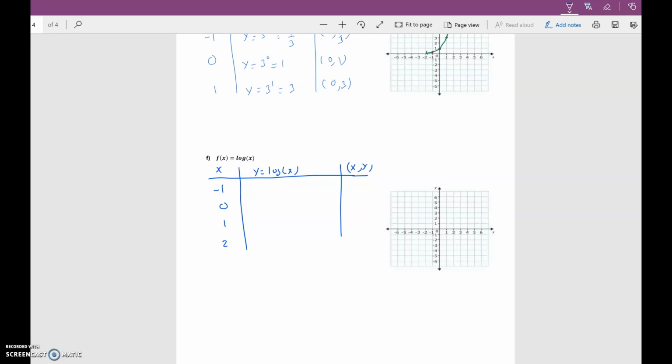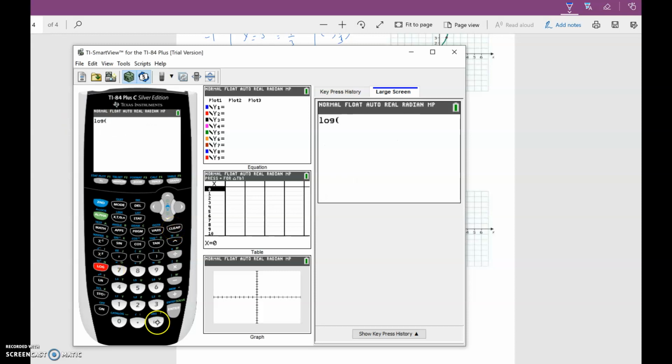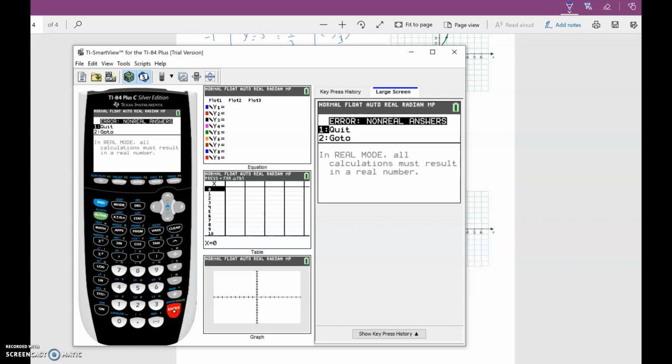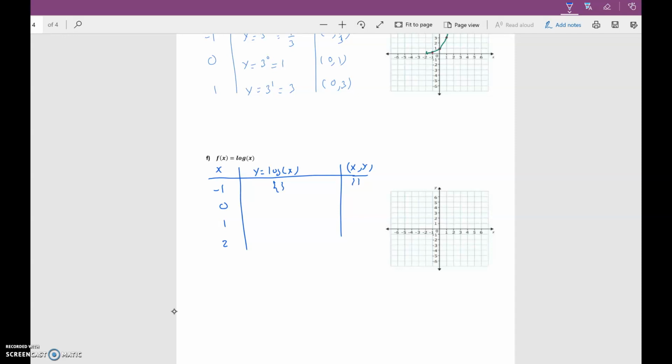Now, the reason that we need more than 3 here is due to the following. If you remember, logs don't work with negatives. So if you just use a calculator and do log of -1, that's going to give you an error. We'll talk about that in the next assignment when we're using technology to graph these. I'll explain why you couldn't get that one. So in this case, you would just say it's an empty set, meaning that value is not there.